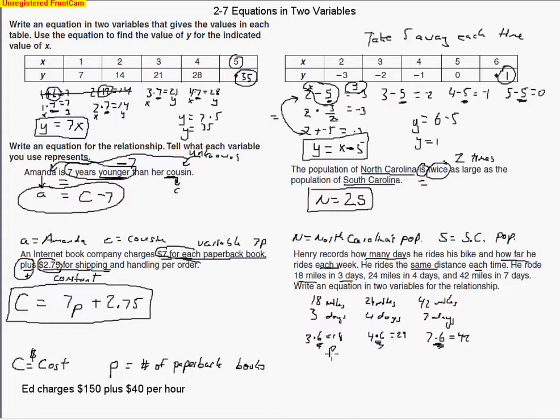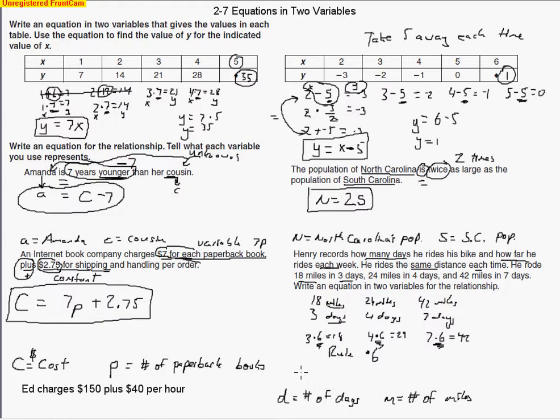So that's our rule, is to multiply by 6. So now let's define some variables. Let's say that D equals the number of days, and we'll say that M equals the number of miles. Because those are the two different things we're talking about, miles and days.